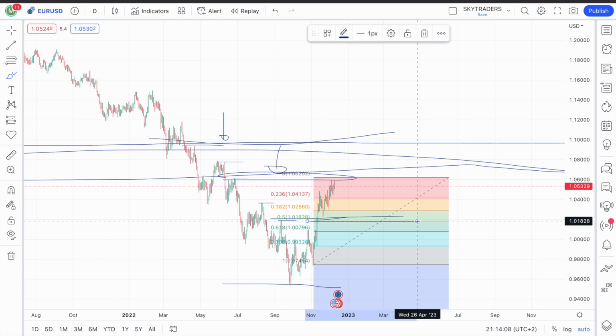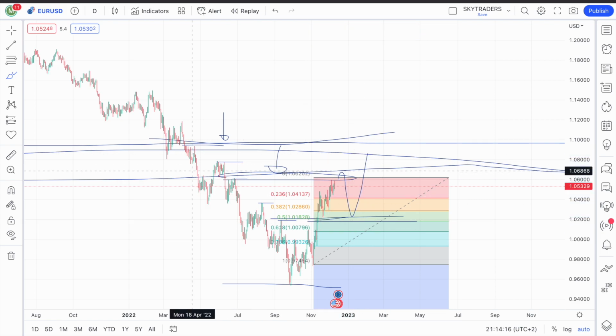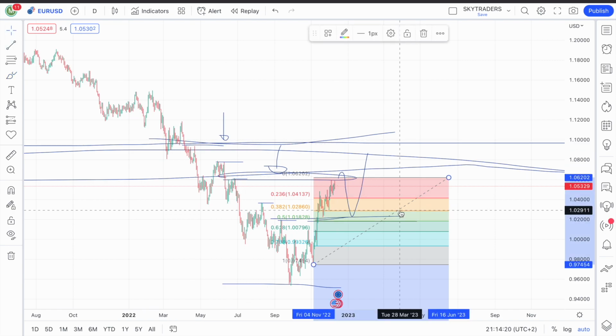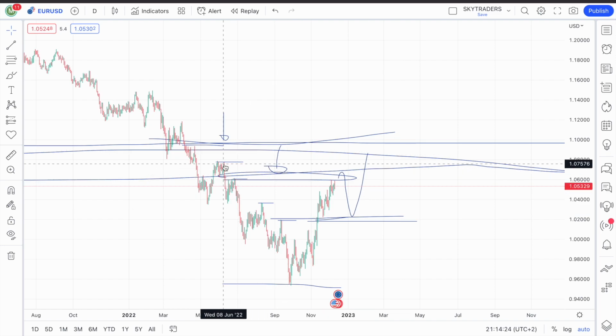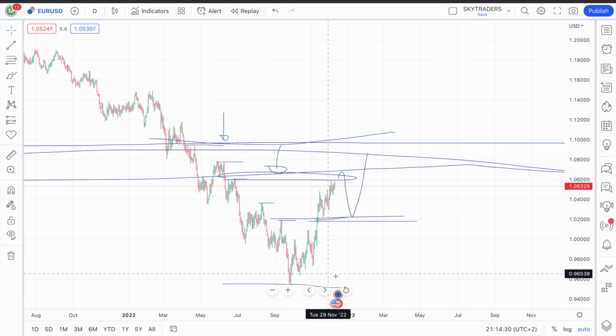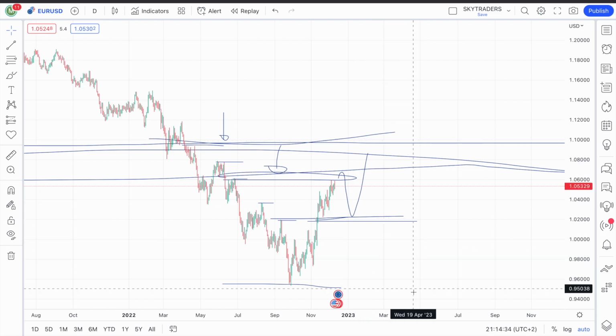So if we took some liquidity, we can consider going back to the previous 50% retracement level, right? All right. So this is the possible upper range that we're waiting to see on the daily time frame to complete the trading range, and possibly rejection and further move to the downside.